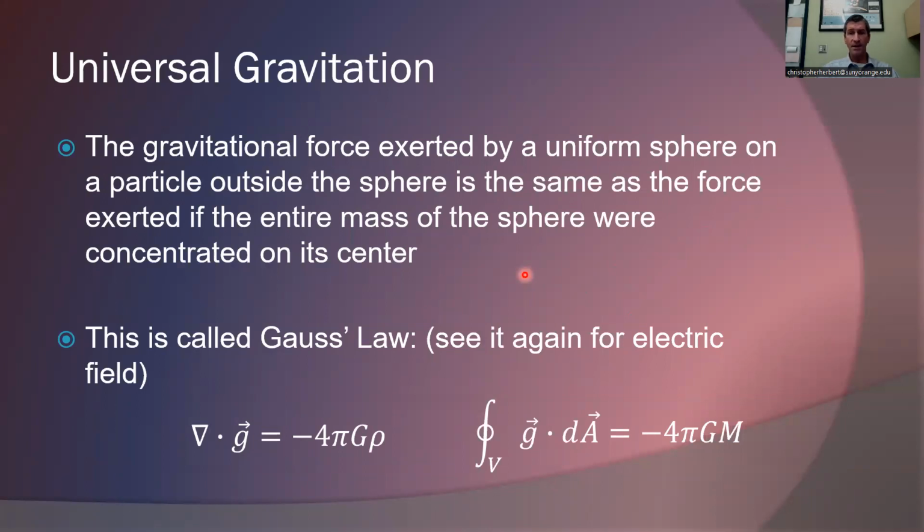And essentially what it says with Gauss's law is that the strength of the gravitational field, and the best way to measure the strength of the gravitational field is really to measure the acceleration of gravity, but the strength of the gravitational field at any point in space is going to be equal to, and we're going to use a spherical volume right here, the mass of the body enclosed by this particular sphere.